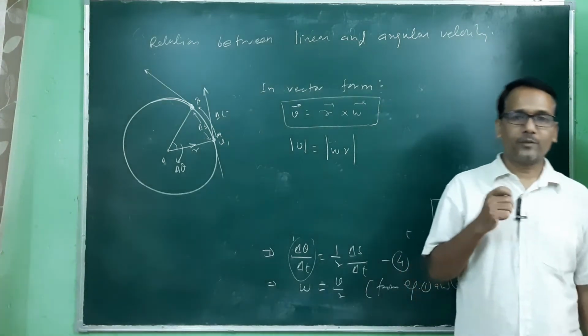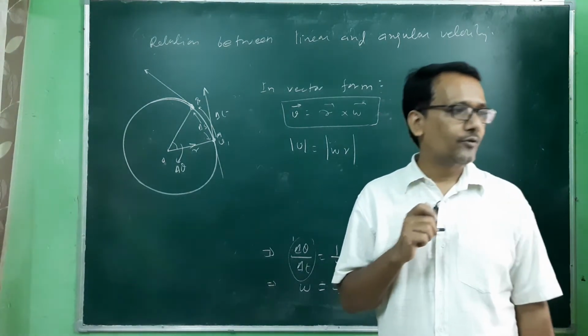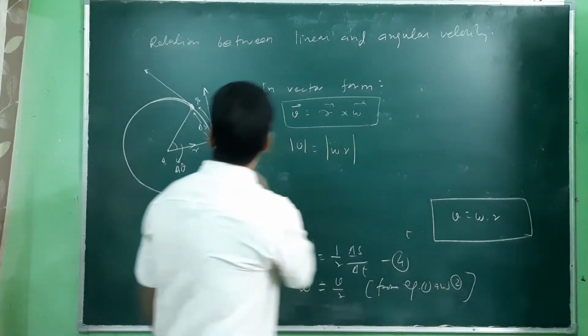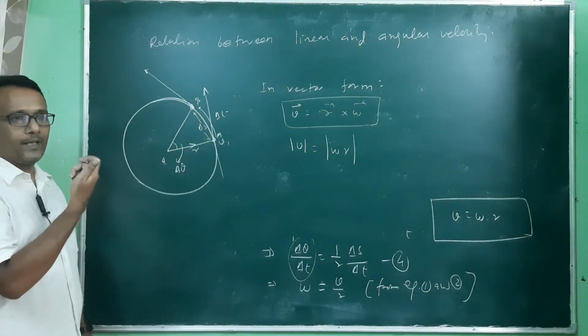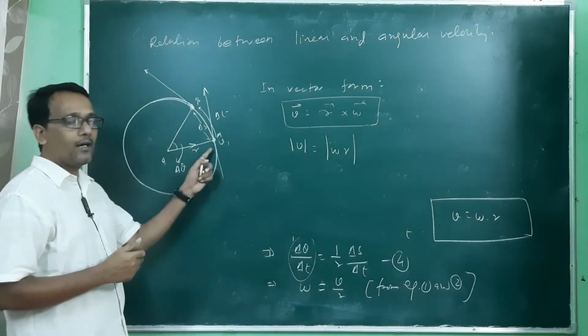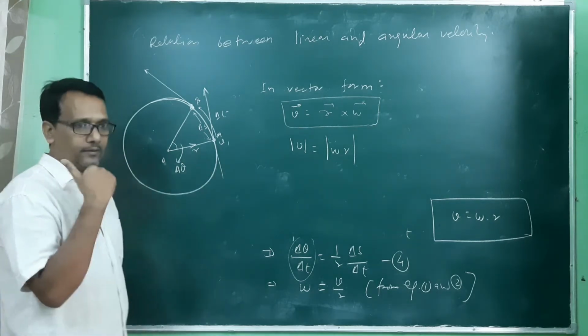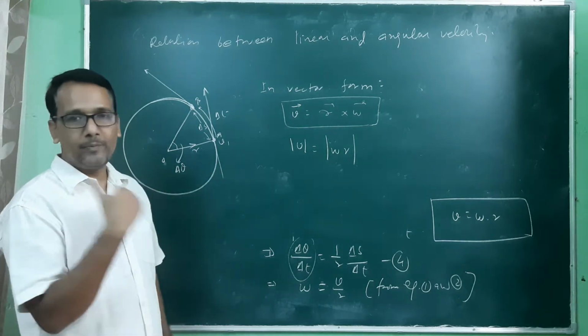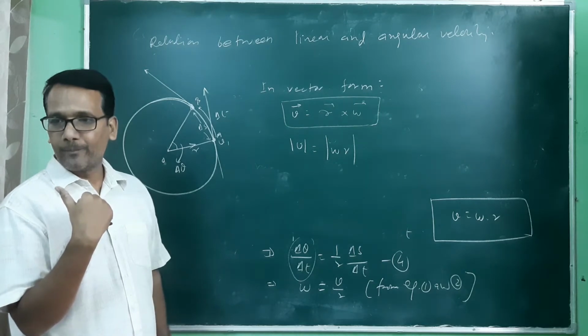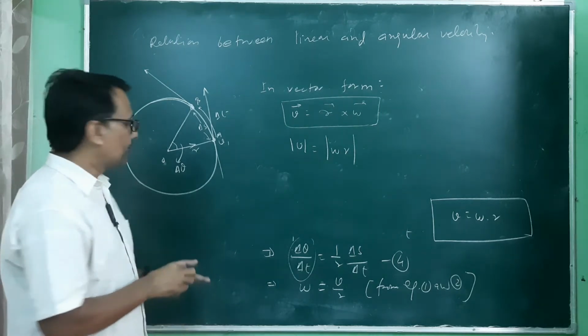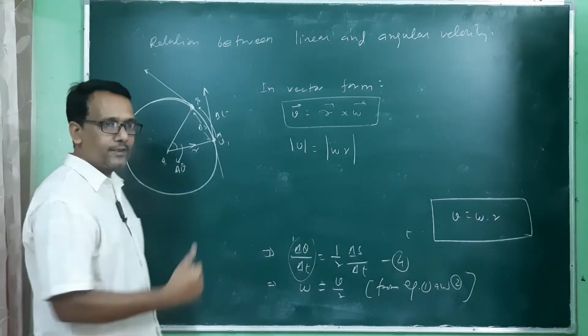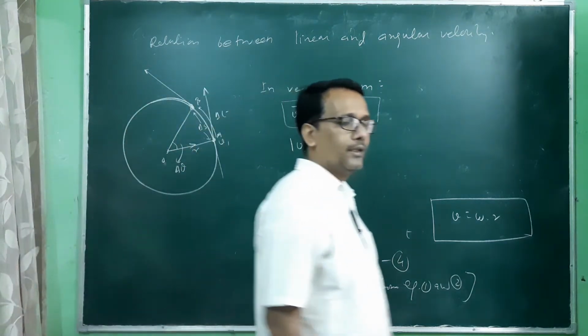We have used this in the vector cross product. So in the right hand screw rule, if this is the direction of the velocity and this is r, then omega, the angular velocity, will be normal to this plane.